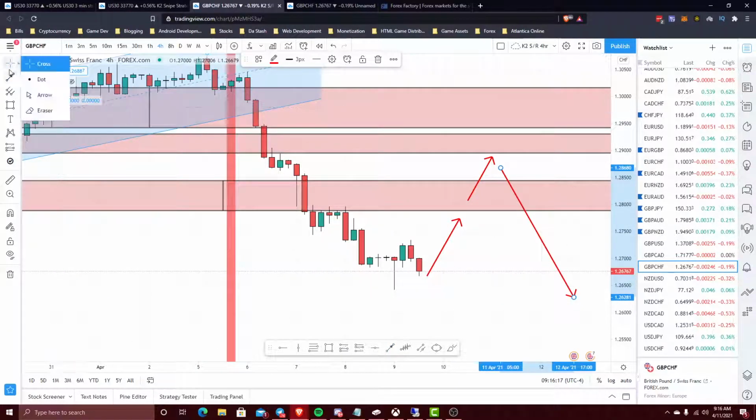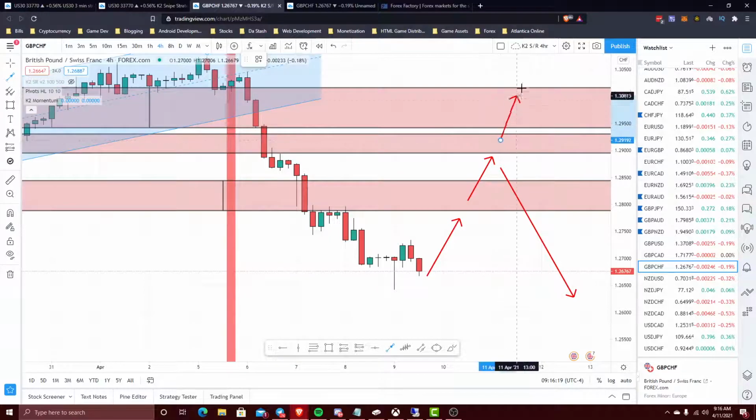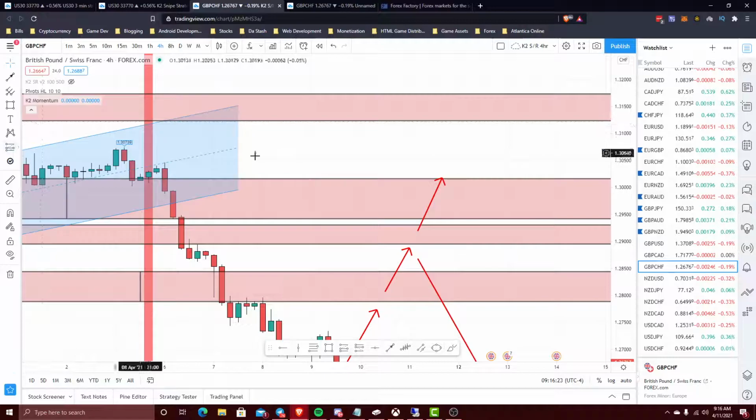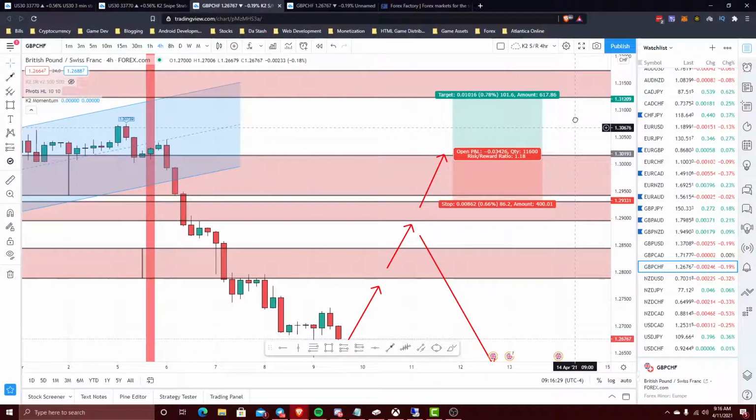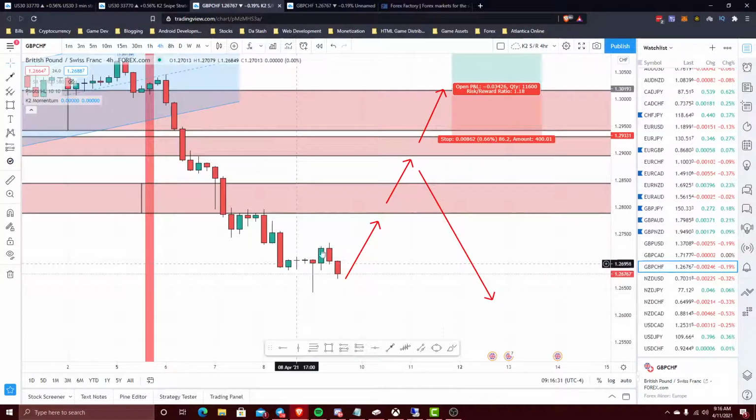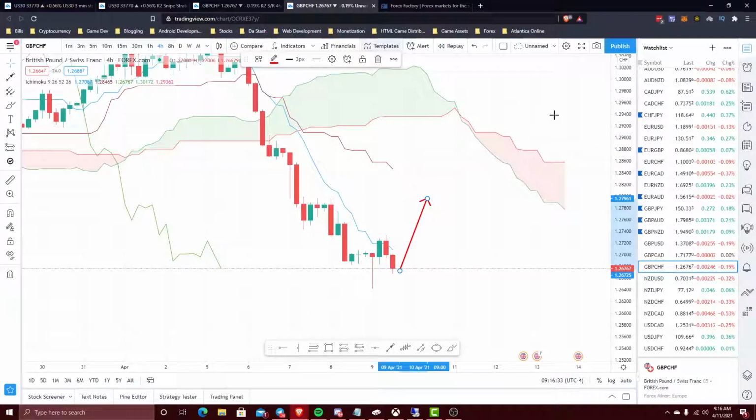And if it continues up here, then I'll take a trade. 100 pip move right there. But if it continues downward, I'll look at the Ichimoku and find a trade setup there.